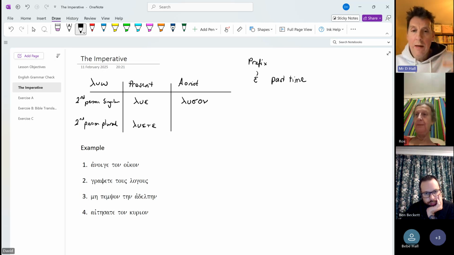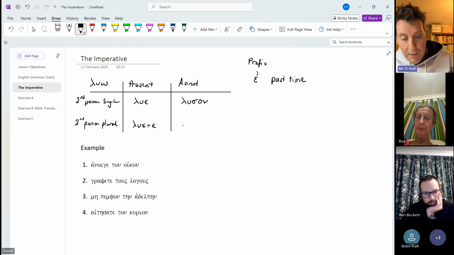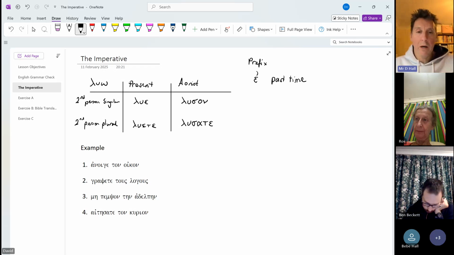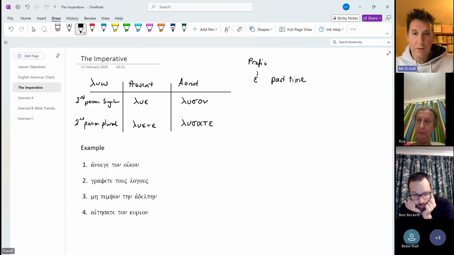Because there's no epsilon in front of the aorist in the imperative, which might sound a bit confusing, that means it must be concentrating on some other kind of meaning behind it. And I've just written up the second person plural ending, I thought I probably should put that up there. So this sigma is indicating that you've got an aorist. Also, we've looked at verbs that have the future, which I know then there's some elements of confusion.